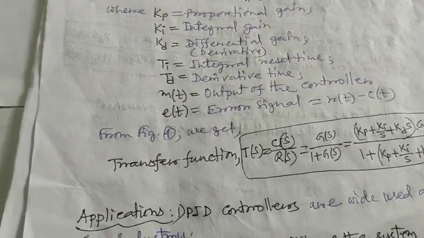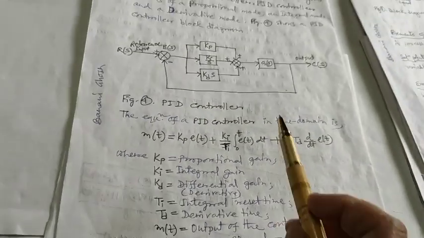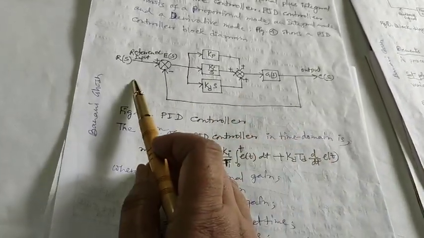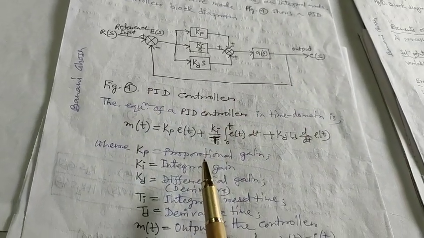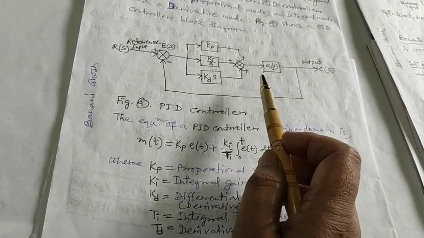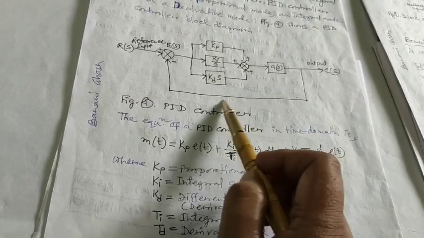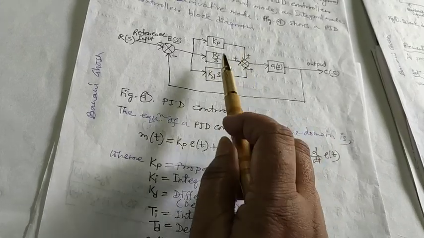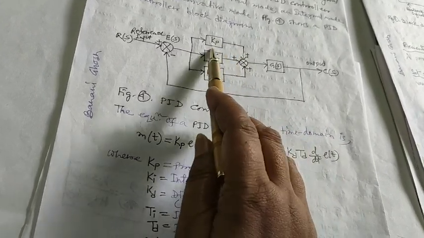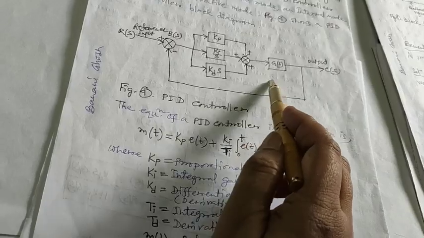Okay. Now from the figure we get T(s), the transfer function, equal to C(s) by R(s) equal to G(s) by 1 plus G(s), since it is unity feedback. Here G(s) is combined with these control actions, so all three control actions are multiplied by G(s).